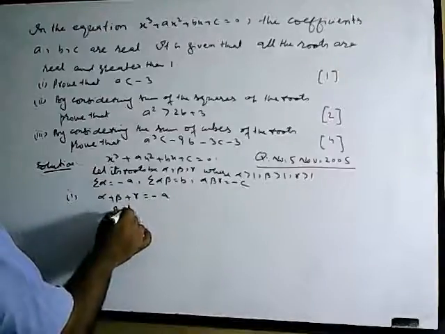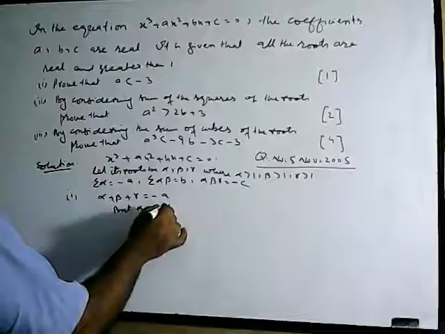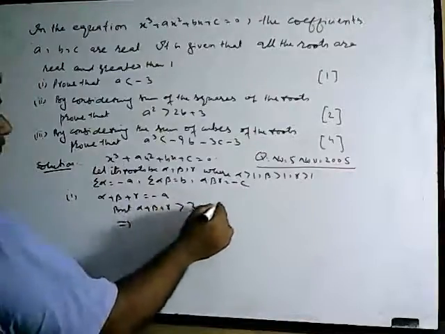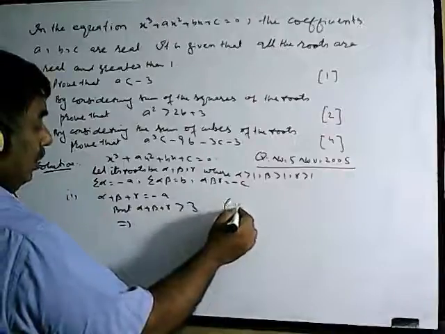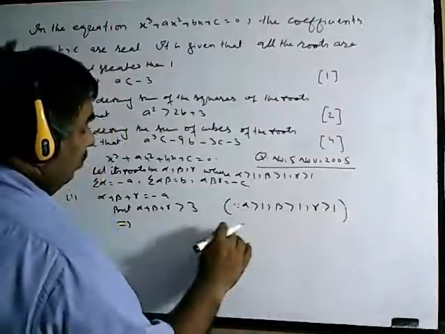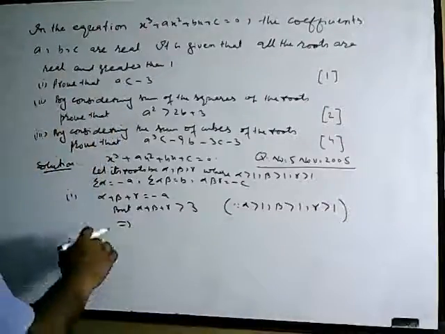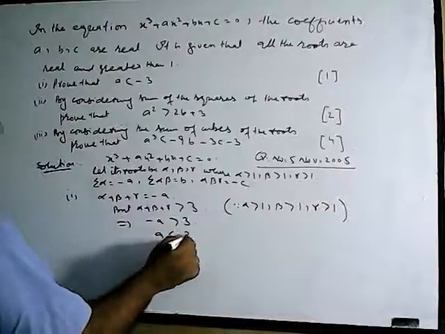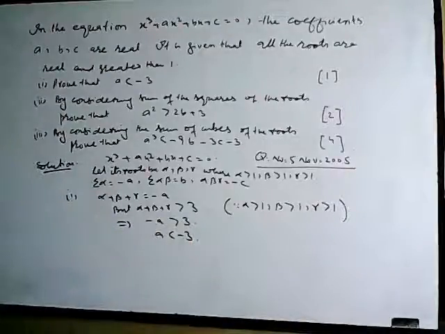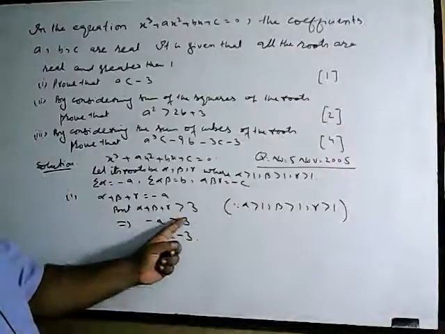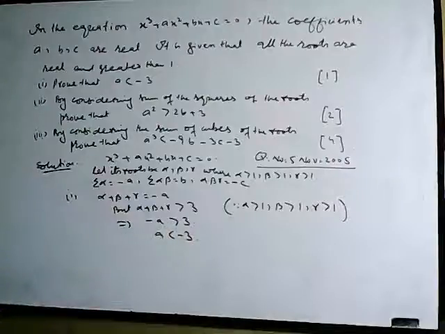But alpha plus beta plus gamma must be greater than 3, because alpha, beta and gamma are each greater than 1, so their sum must be greater than 3. So minus a is greater than 3, and therefore a is less than minus 3. When you multiply by a negative sign, the sign of the inequality changes from greater than to less than.